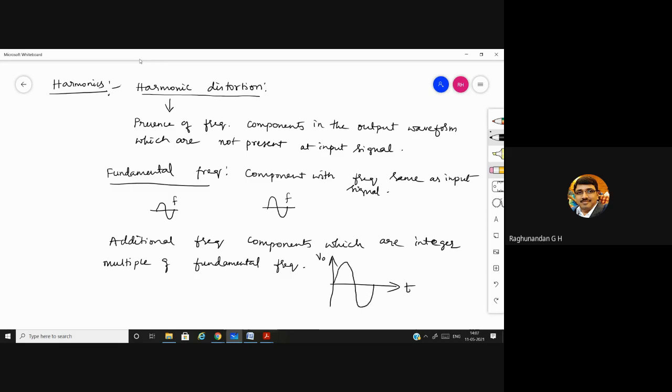So this is our signal with the fundamental frequency, the same frequency we have given at the input. Along with this, we get one more signal like this. The first signal which is present after the fundamental frequency is known as the first harmonic. Next, you have one more signal which has a different frequency, that is known as the second harmonic.